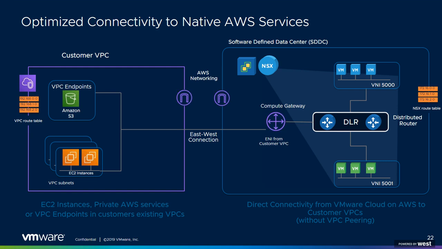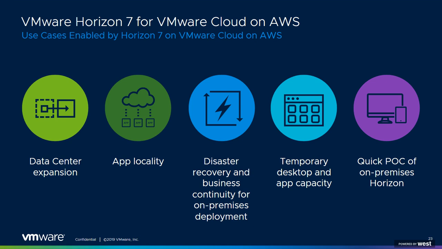Switching gears a little bit, leveraging a lot of the technologies that Samir just spoke about, we have the capability of leveraging other technologies as well. One of the premier use cases for data center extension is following a lot of the applications. You also have the capability of leveraging technologies like Horizon 7 for VMware Cloud on AWS.